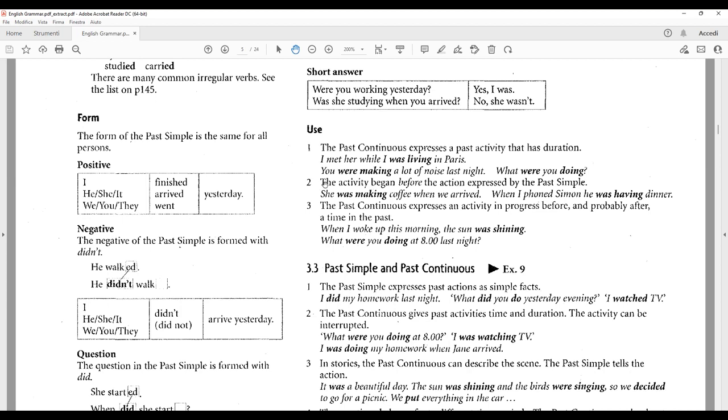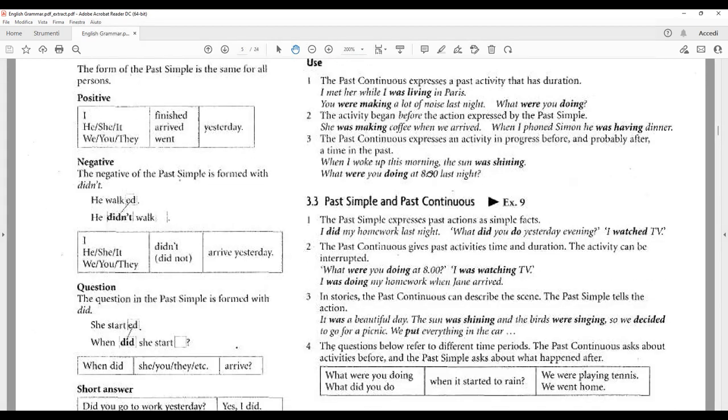She was making coffee when he arrived. She was making coffee. When I phoned Simon, he was having dinner. He was having dinner.